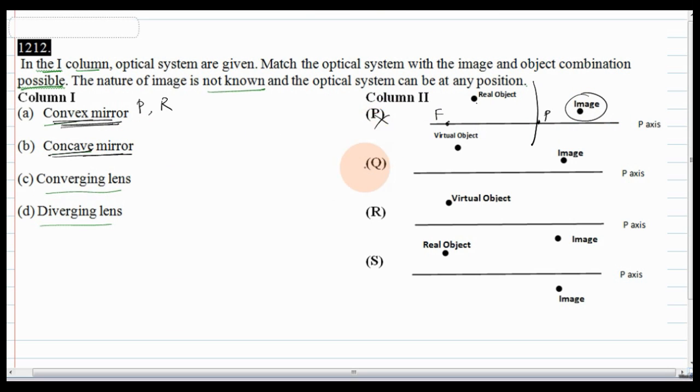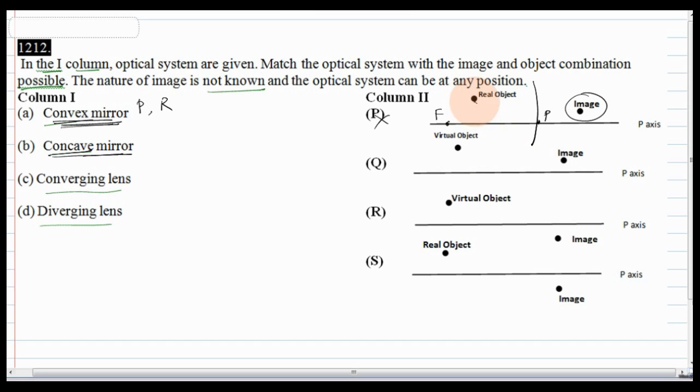Next, for the concave mirror, a virtual object is given to us and the image is diminished. Can a diminished image be obtained using a virtual object? You need to draw the concave mirror and try it out. The virtual object should be behind the mirror and its diminished image is obtained here.